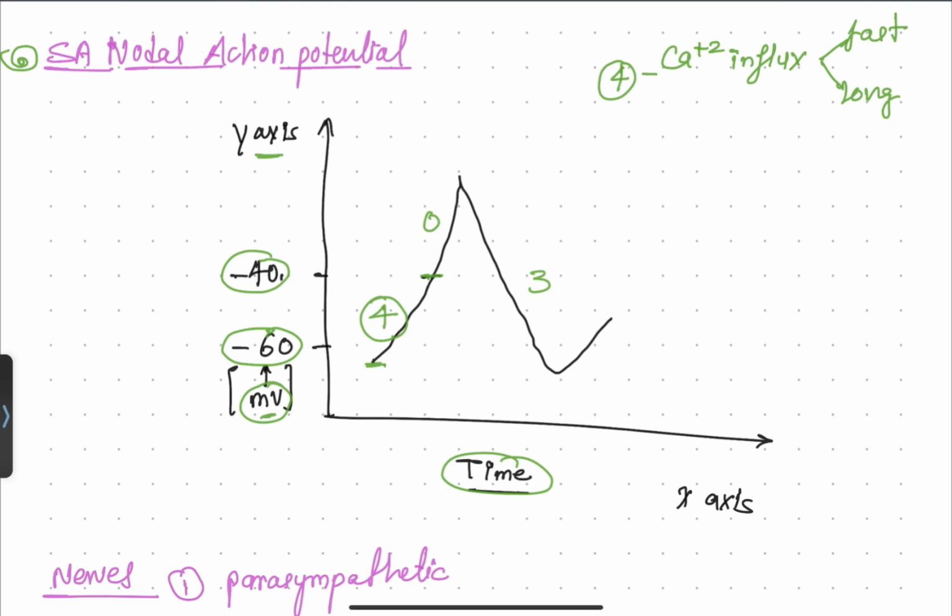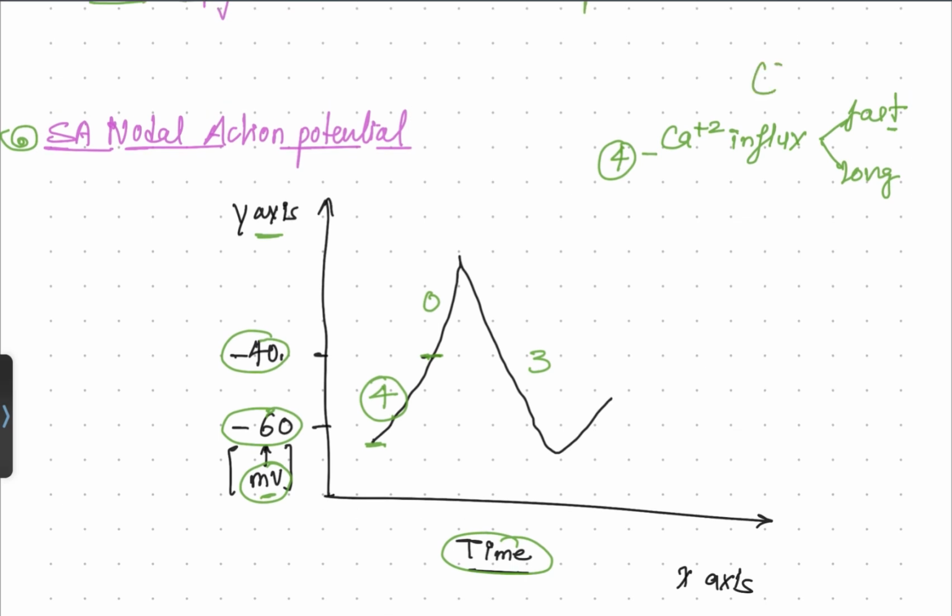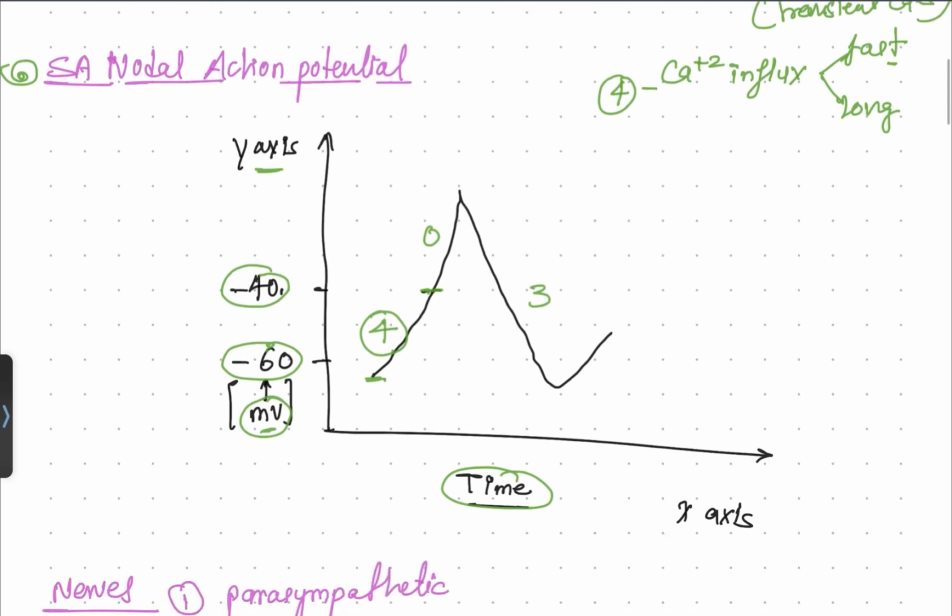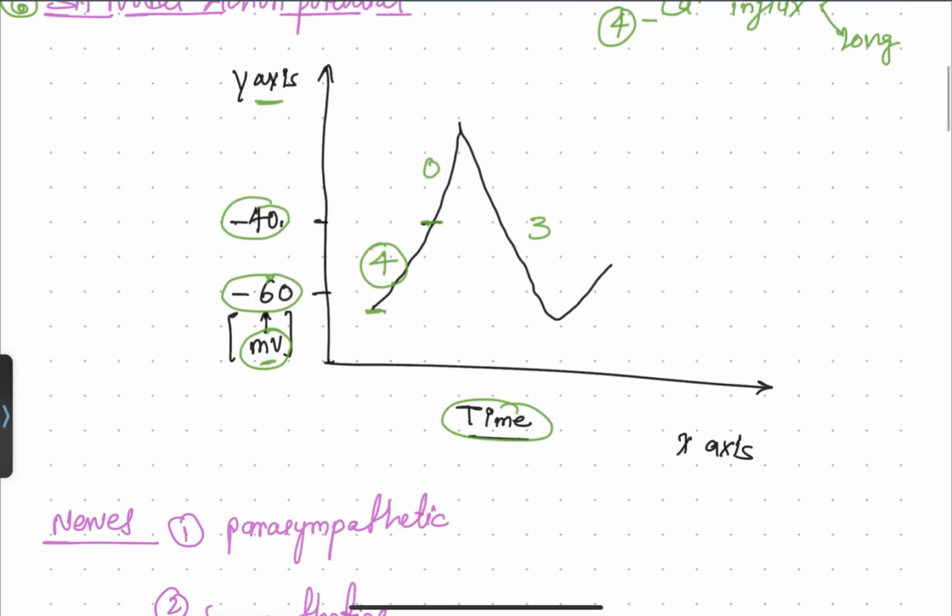The fast acting calcium channels are called transient calcium channels. Then next we have the sodium funny current. So this is phase 4, where the calcium channels act for the pre-potential phase.